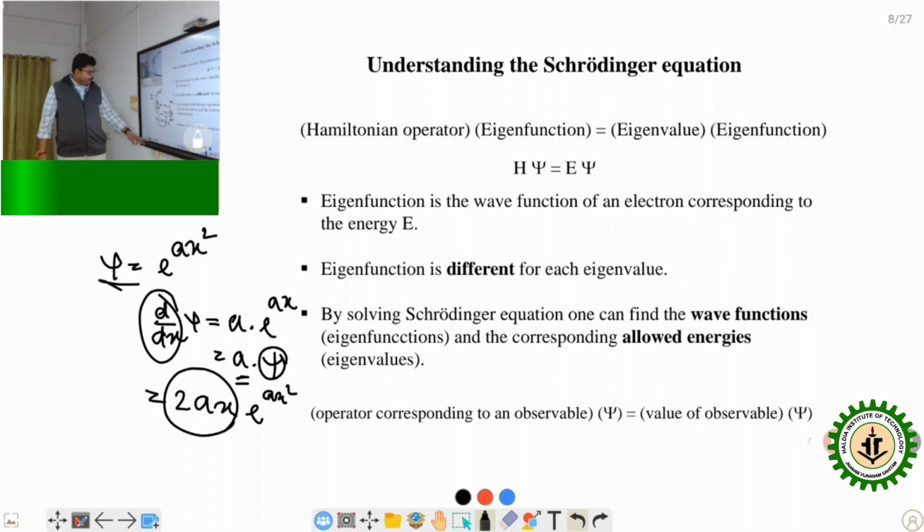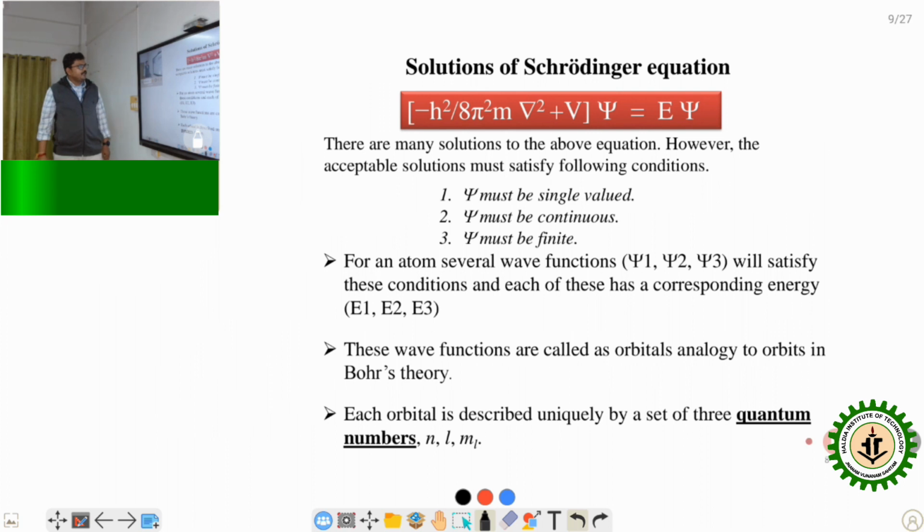But the beauty of this Schrodinger wave equation is that every solution of it will not satisfy the following conditions. If these three conditions are satisfied, we can say this is an allowed or acceptable solution: psi must be single valued, psi must be continuous, and psi must be finite.